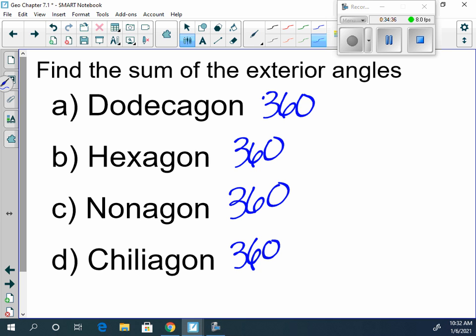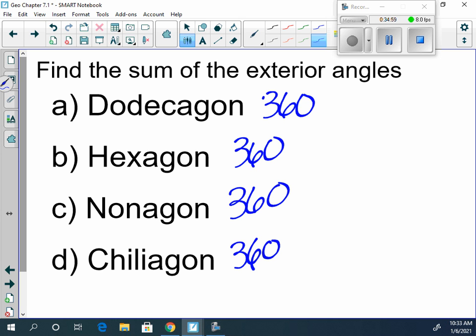Now, say I wanted to find one exterior angle of a regular polygon. What do you think we can do? Well, the sum is 360, and I would divide it by what? The number of sides.